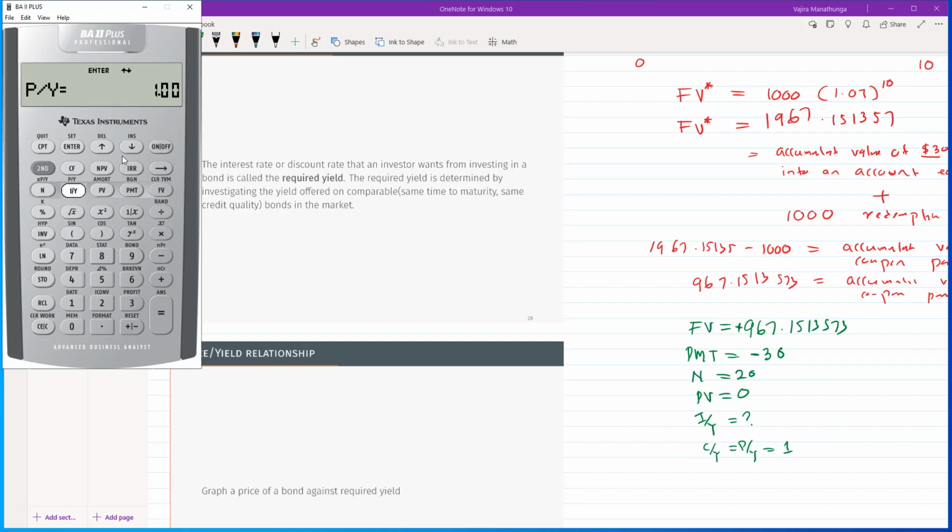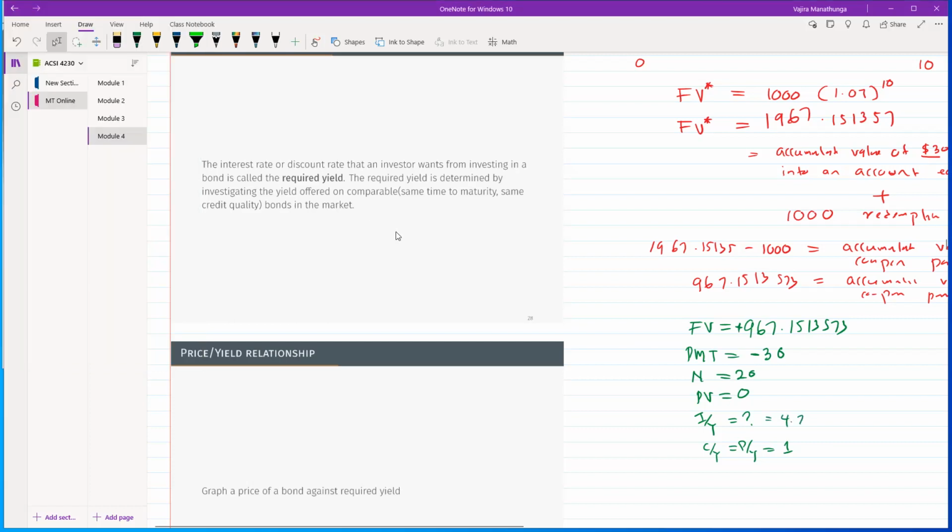Then second, here it should be 1 and 1. Then compute rate: 4.75. So this should be 4.76, which is basically 0.0476.